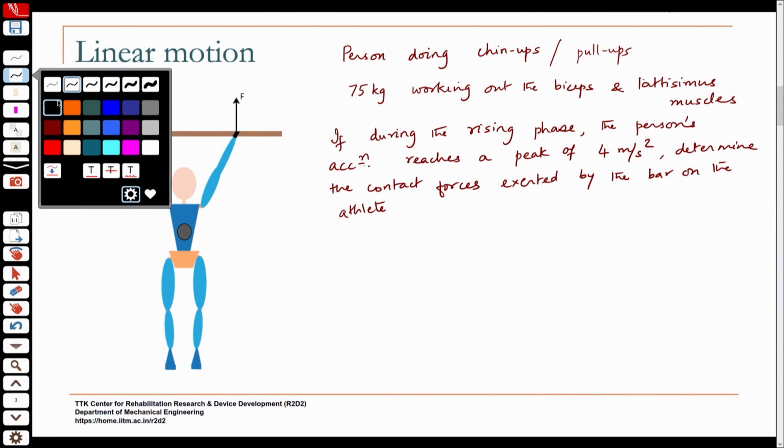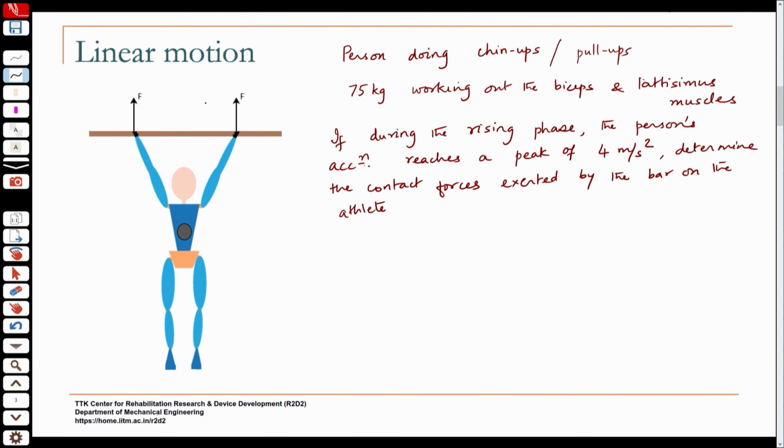So, what are the forces acting on the person? I already have the partial free body diagram here. The forces exerted by the bar on the athlete will be F. What is the other external force? You have mg.